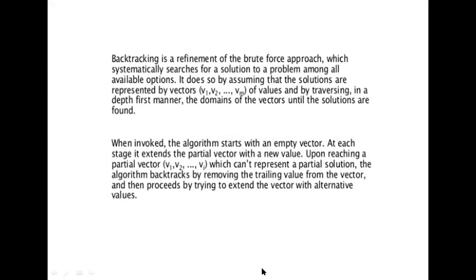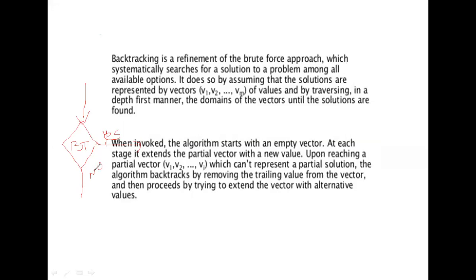So what is backtracking? Just see here. This is backtracking, I am writing it as BT. If the solution is found, yes, solution found.